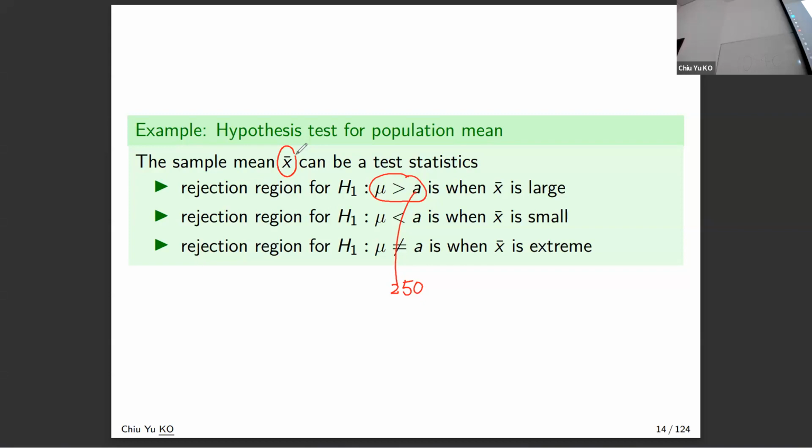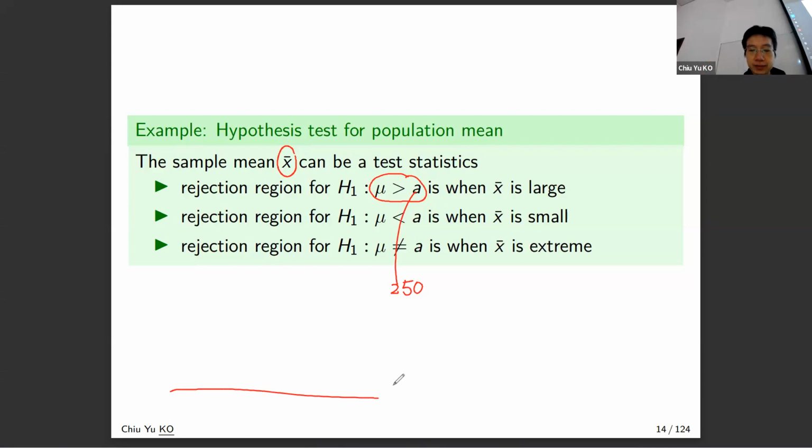Suppose you get the data is 300, then probably you would not be happy. You would say no. If you get 200, then you don't worry. And the question is, how large is large?